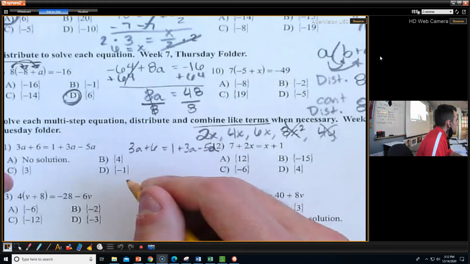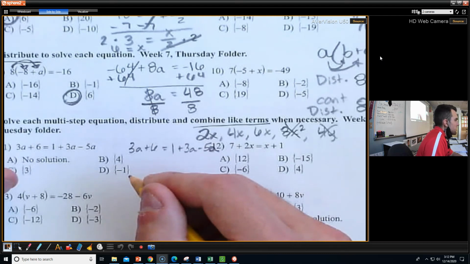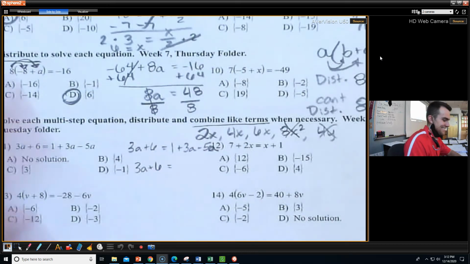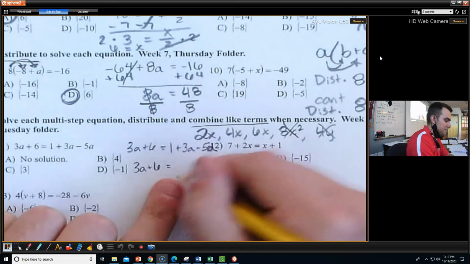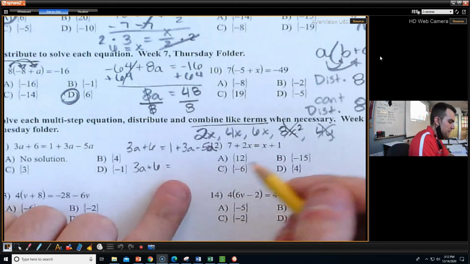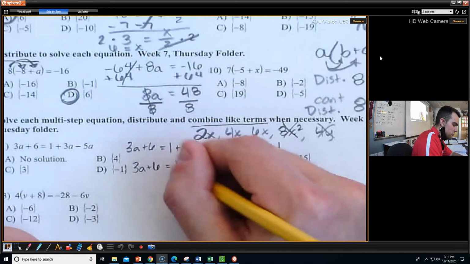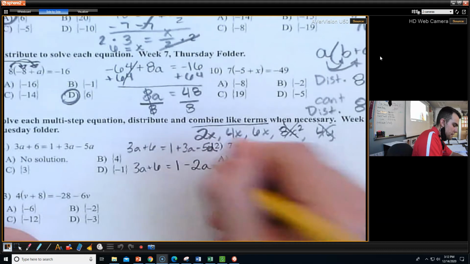What's 3a plus 6 then? Ooh, are they like terms? I can't do that. What about the other side? So I have 1 plus 3a minus 5a. Can I combine any of those? Yeah, so I do 3 minus 5. I get negative 2a. So it's 1 minus 2a.